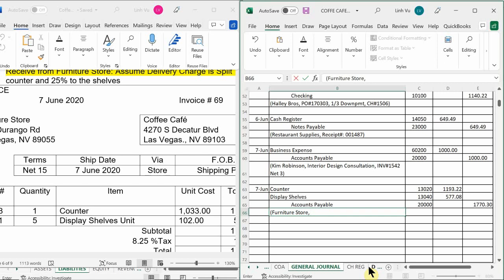However, other useful information would be the invoice number. What was the billing number that I got billed? 69. Okay, and other information I could say here too is, did they give me any terms?